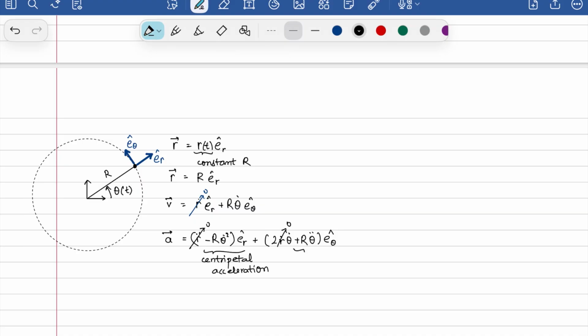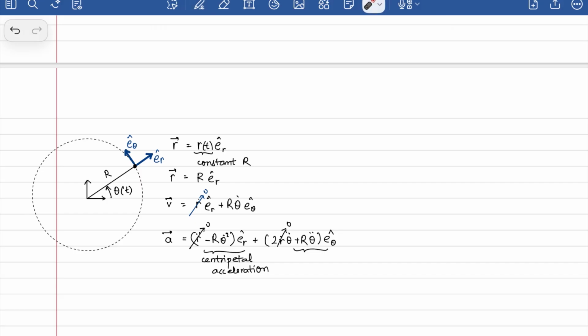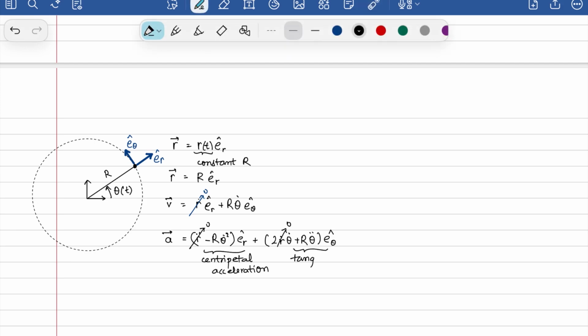And this here is along e_theta hat. You have R theta double dot. That is your tangential acceleration.